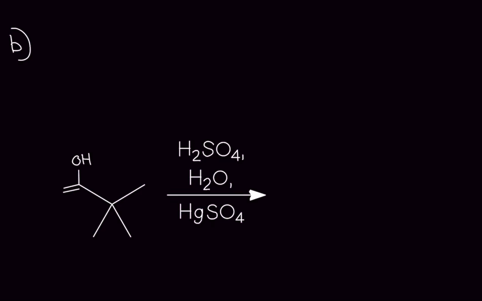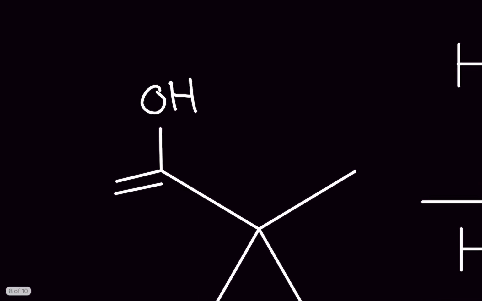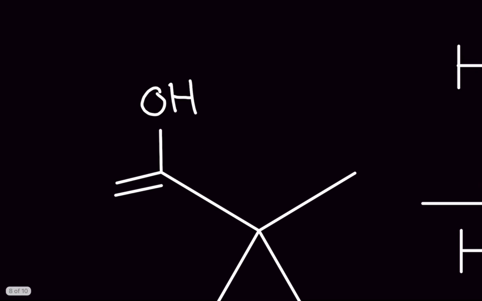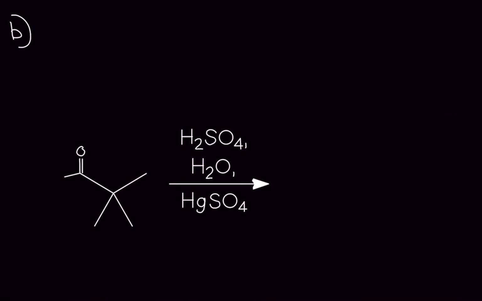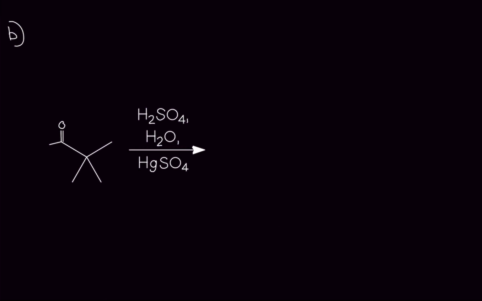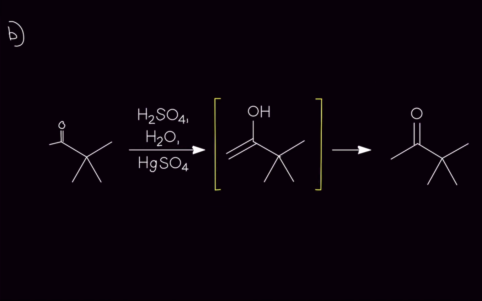Now to get the ketone, once again, do a lot of erasing. Erase your hydrogen, erase your pi bond. Put the double bond now here. So change the position of the double bond and move this to make it look nice. And that is your answer. That's your ketone. Ta-da!